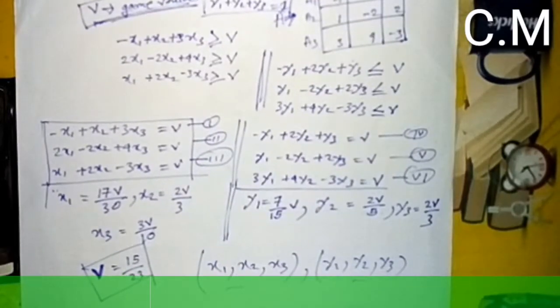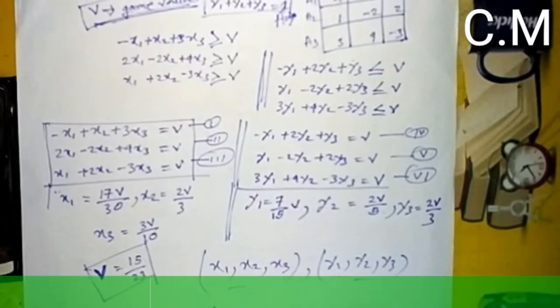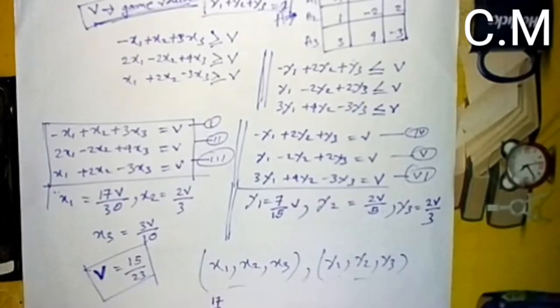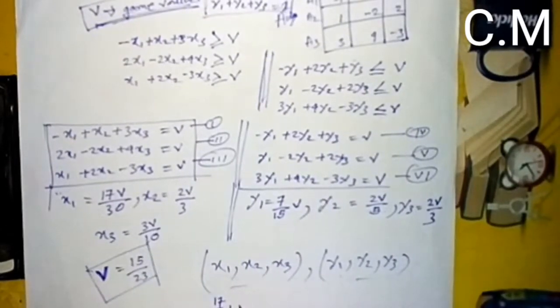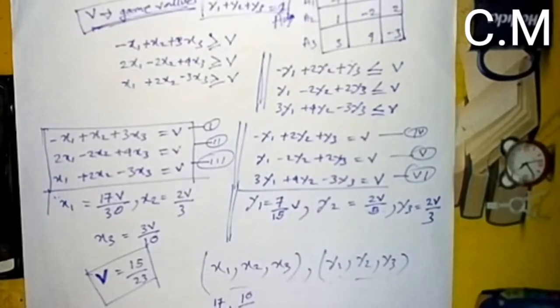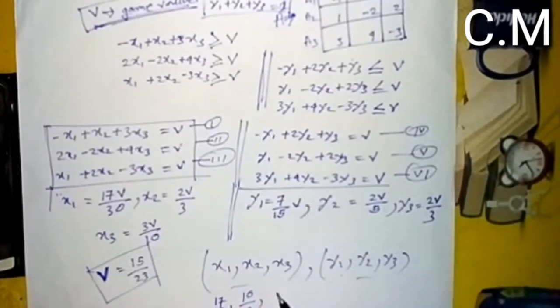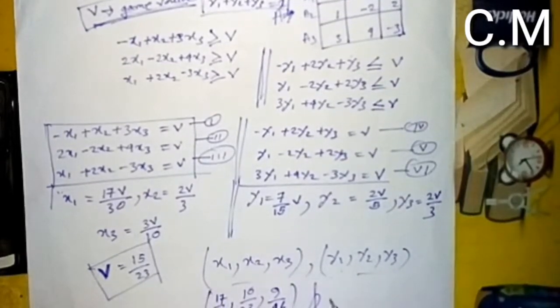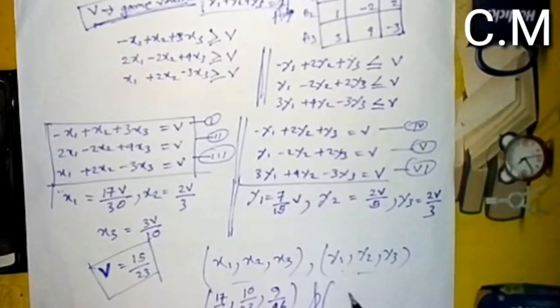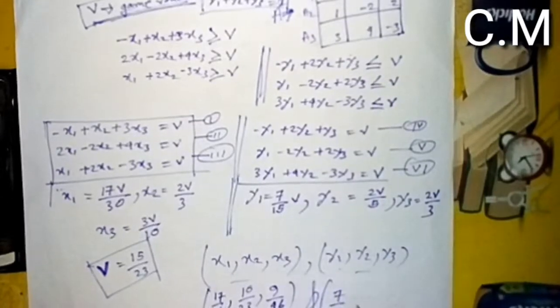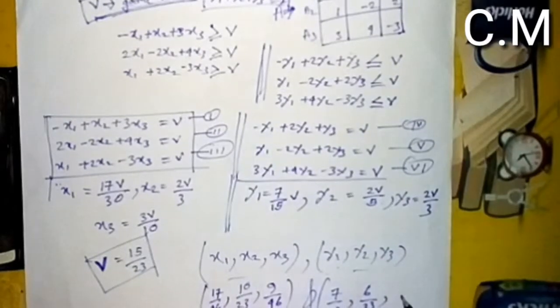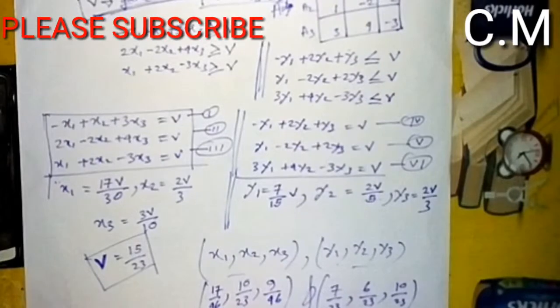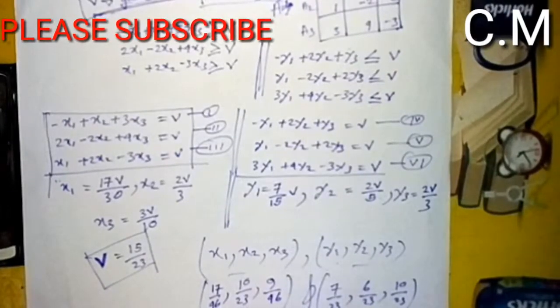After putting these values, I find 17 by 46 as x1, 10 by 23 as x2, and 9 by 46 as x3, and 7 by 23 as y1, 6 by 23 as y2, and 10 by 23 as y3.